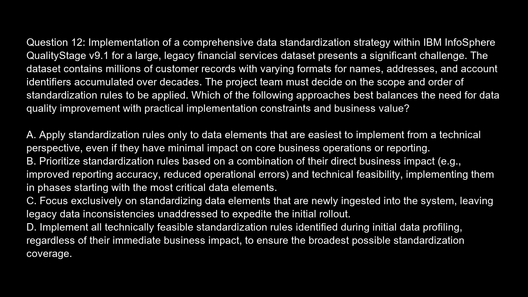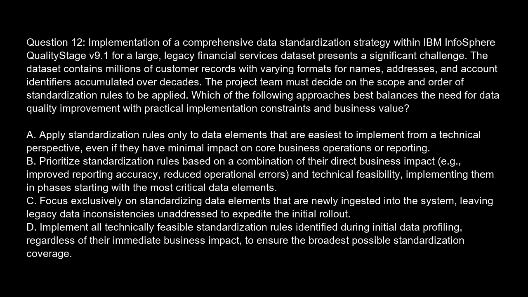Option A. Apply standardization rules only to data elements that are easiest to implement from a technical perspective, even if they have minimal impact on core business operations or reporting. Option B. Prioritize standardization rules based on a combination of their direct business impact, e.g., improved reporting accuracy, reduced operational errors, and technical feasibility, implementing them in phases starting with the most critical data elements.